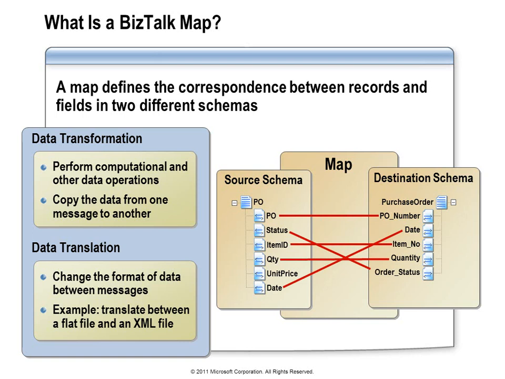Or something similar to the reverse could be true. The schema on the left might represent a message from our purchasing system, and the schema on the right could represent the format of one of our trading partners. There's another possibility as well. As organizations start to implement more complex integration scenarios, it's common to define a set of internal schemas that are often referred to as canonical schemas.